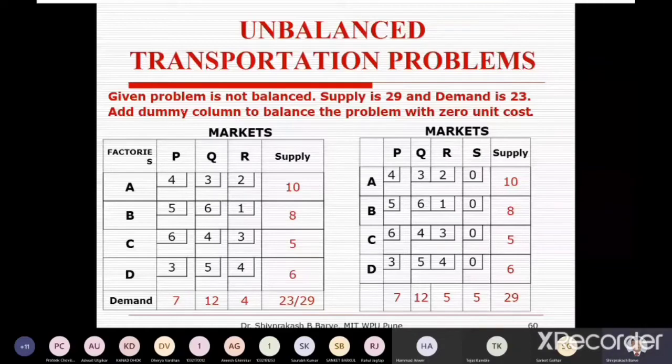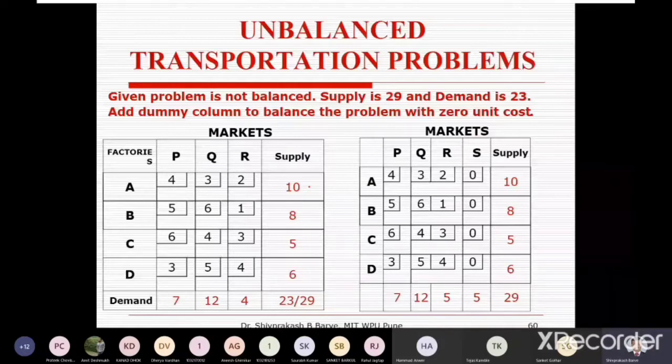Here you see the given problem. There are 4 factories or plants: A, B, C, and D. Plant A's capacity is 10 units, whether it is per day capacity or per shift capacity.